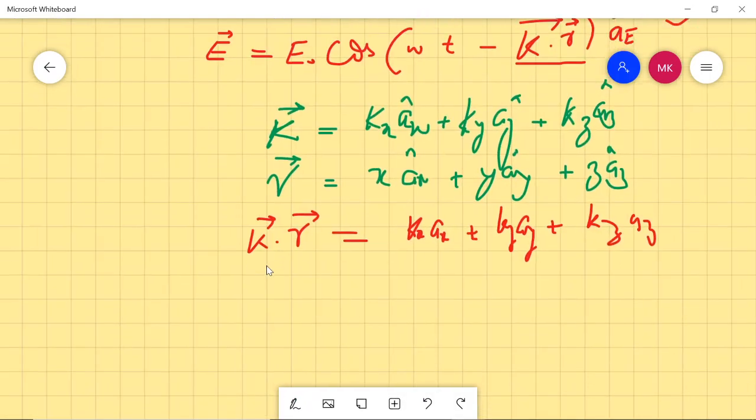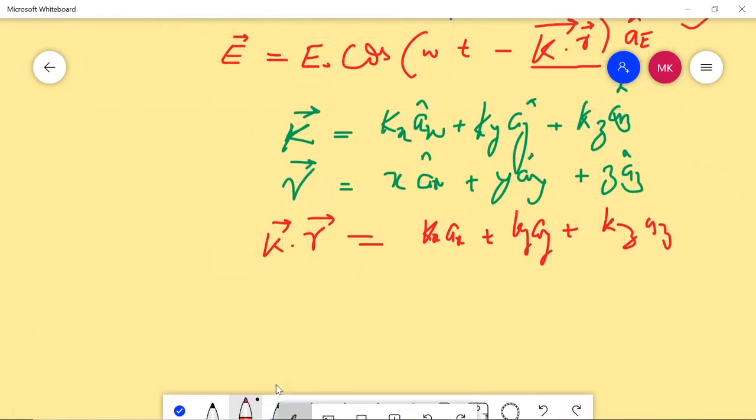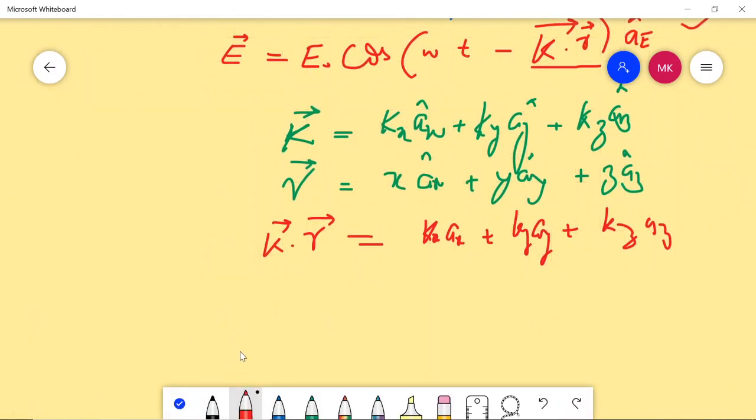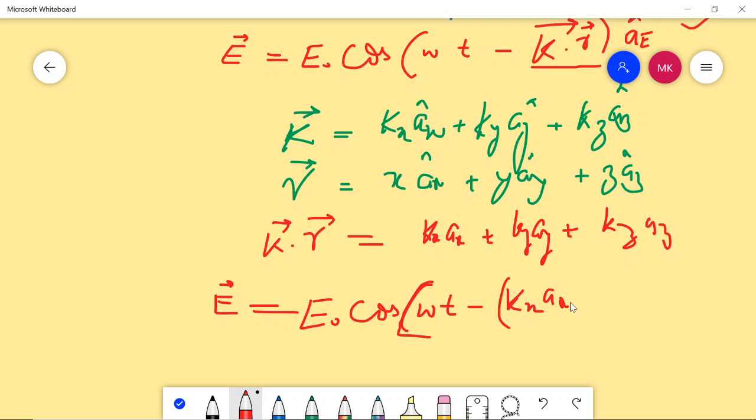So now the equation of this E vector will be written as some E naught cos of omega t minus kx, and now you take the bracket here, kx plus ky y plus kz z.